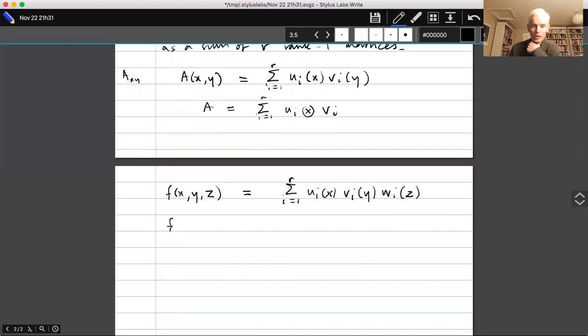We could say it's the minimum r such that we can write f as a sum, and you'll see that this is also going to be a direct generalization of what we've got here. You may be able to guess what I'm about to write: sum, i equals 1 to r, of u_i(x, y) v_i(y, z) w_i(x, z).